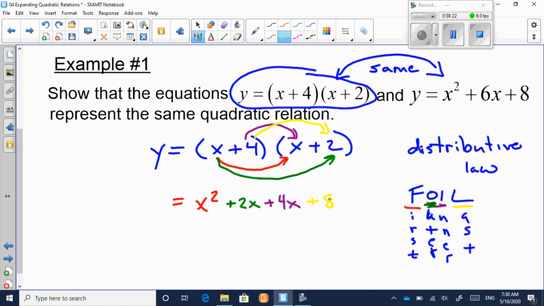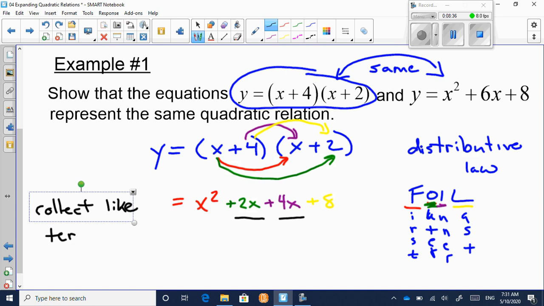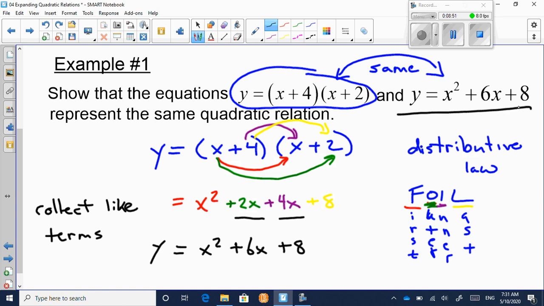But before we're done with this, we want to collect like terms. So look at this. Notice that those both have an x, so we need to collect like terms. And they're like because they both have an x with an exponent of 1. So our final answer is x squared plus 6x plus 8. And sure enough, it's the same as the other one. So those two parabolas are identical.